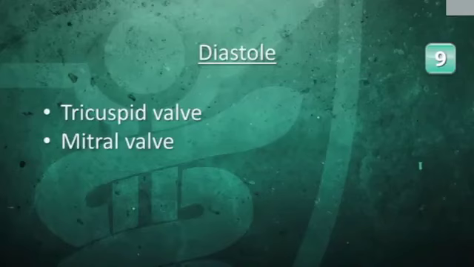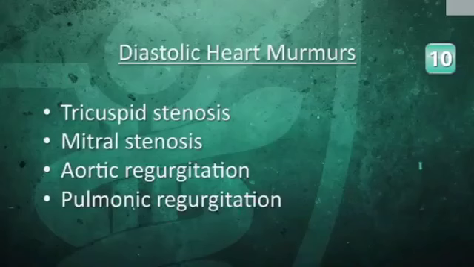Next question. What heart valves should blood be flowing through during diastole? Tricuspid and mitral. Next. What are the diastolic heart murmurs? Remember this as well. This is tricuspid stenosis, mitral stenosis, aortic regurg, and pulmonic regurg.